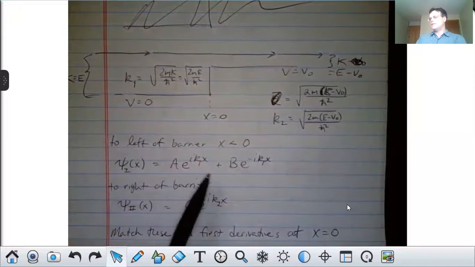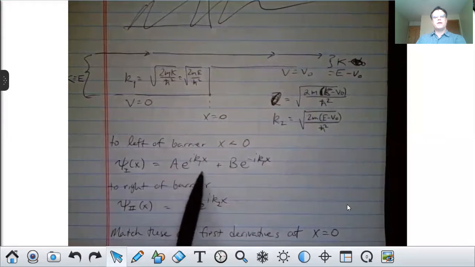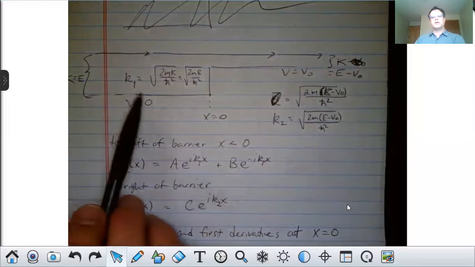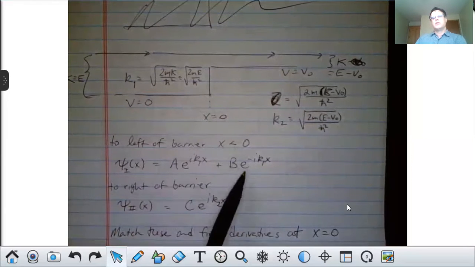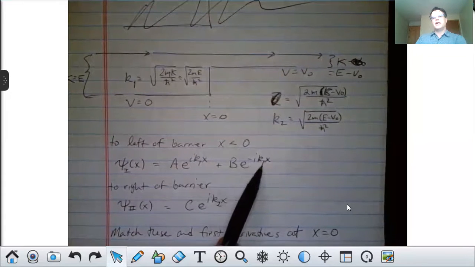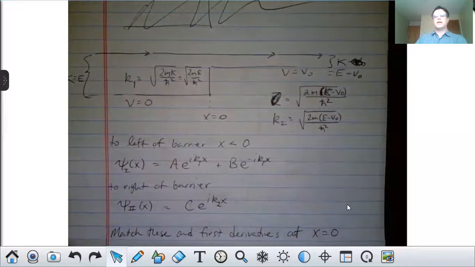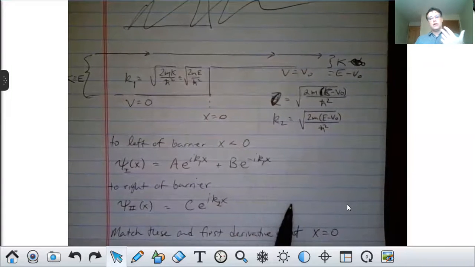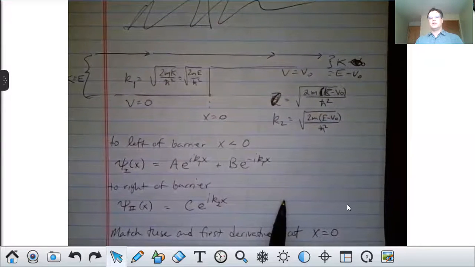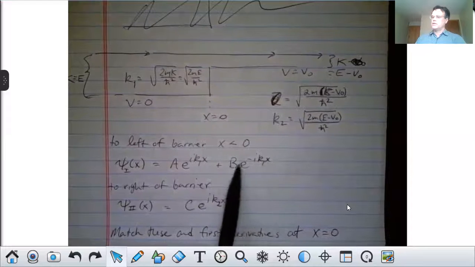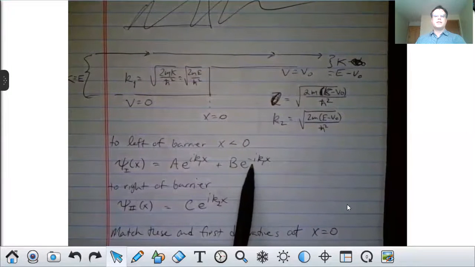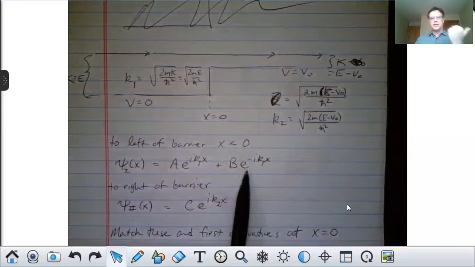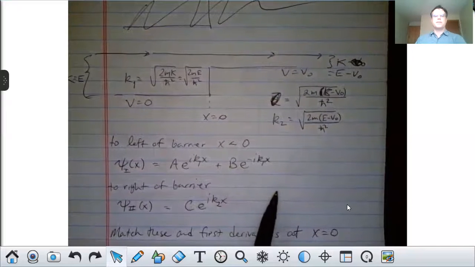What I've got to the left of the barrier is an incident wave, denoted by e to the i k1 x, so this one's going this way, plus b e to the minus i k1 x. So this is the reflected wave. And again, this comes because of the current. If I calculate the current for this type of wave with a minus, I would get minus v times b squared, or minus h bar k over m times b squared.